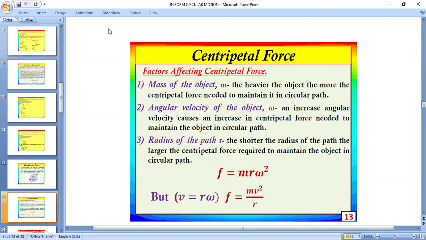So from what I've just explained, if this bus driver came to that point at a slow rate, because remember, angular velocity depends on linear velocity. Suppose he was moving at a lower velocity, then he will be able to pass without any problem.